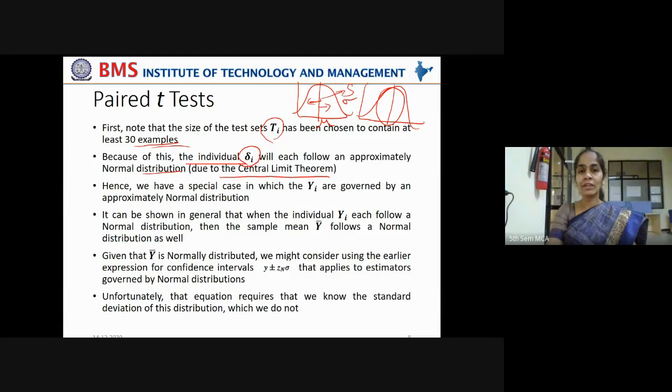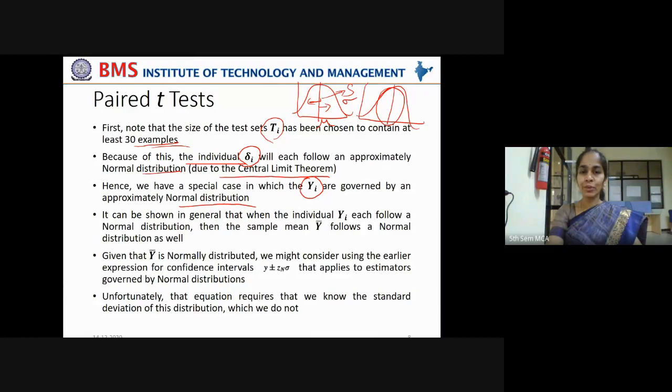They follow a normal distribution according to the central limit theorem because the test set contains sufficiently many data points, greater than or equal to 30. Hence we have a special case in which the yi are governed by an approximately normal distribution.